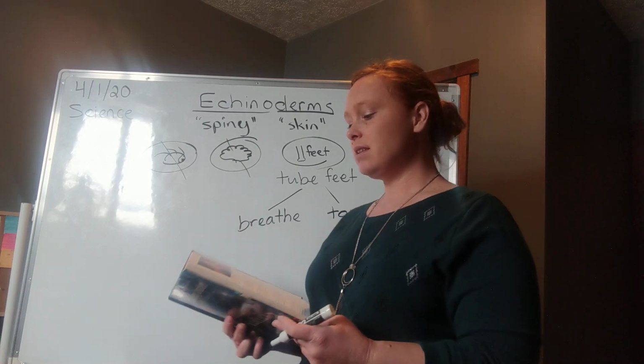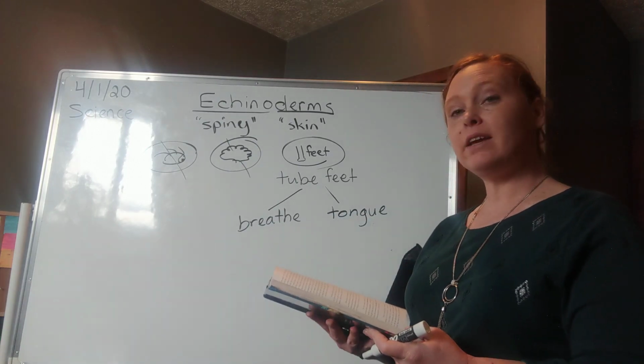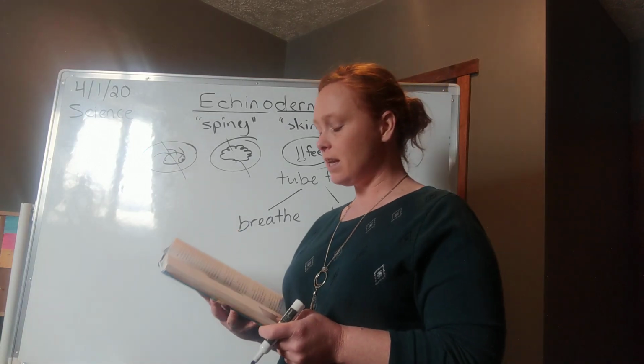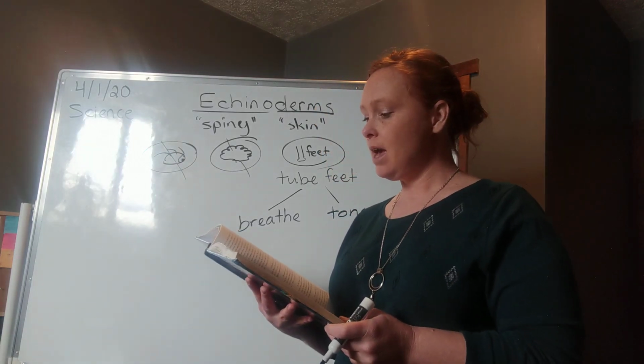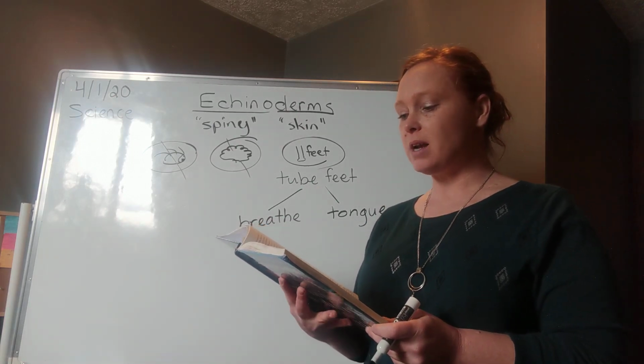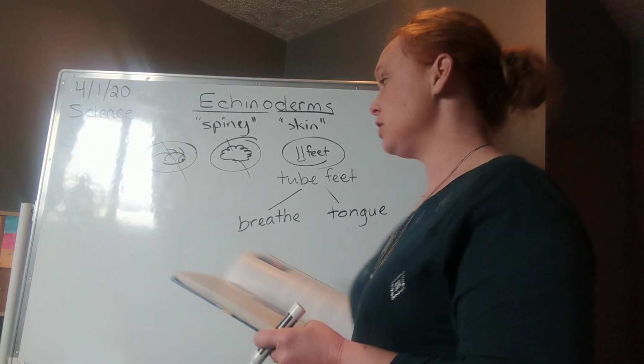Another thing most of these little guys have in common is radial symmetry. What is that, you ask? Well, each of these animals, except for the sea cucumber, has a mouth in the center of its body, and the rest of its body radiates out from the center.